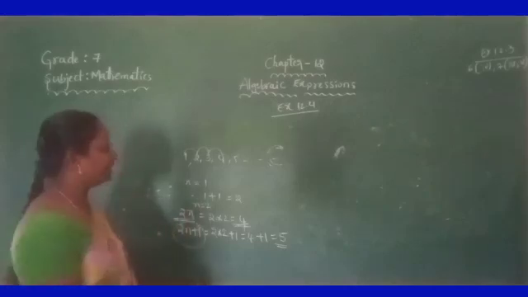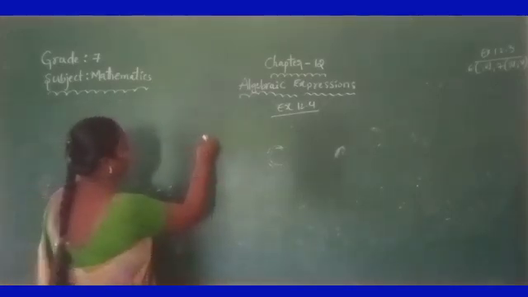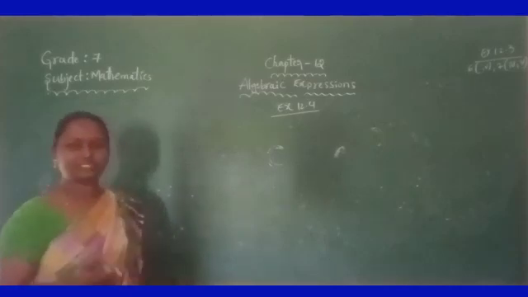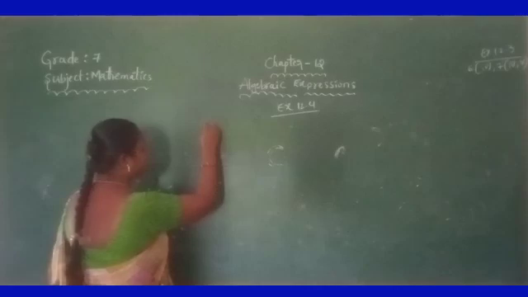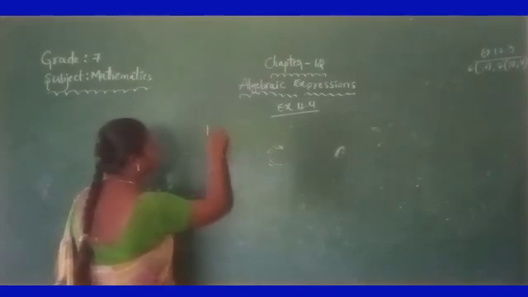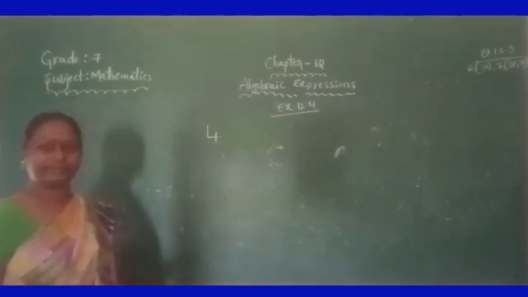So not only that, if you see the patterns in the numbers: how many line segments are required to form the digit 4? So it is the digit 4. How many line segments are required?